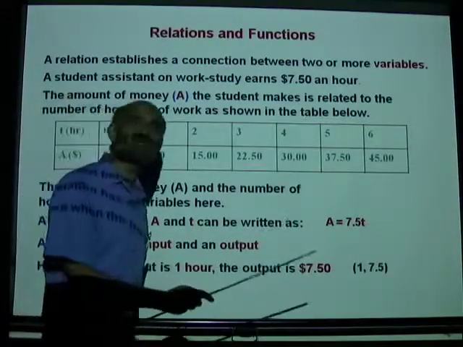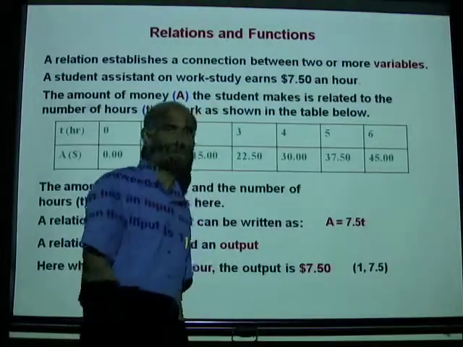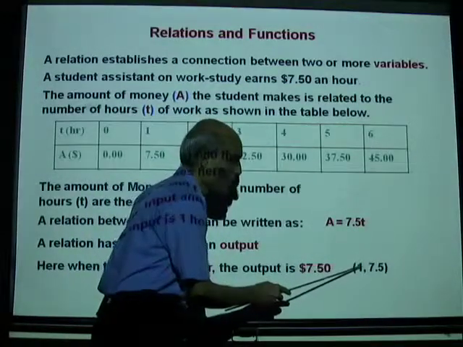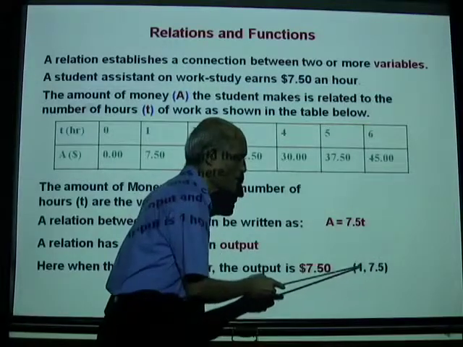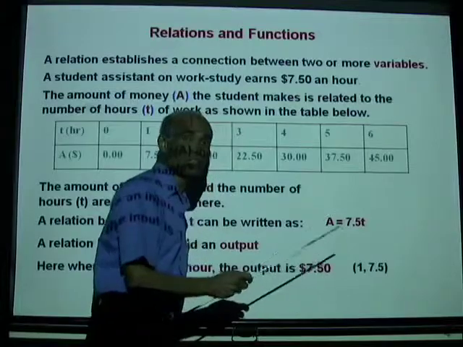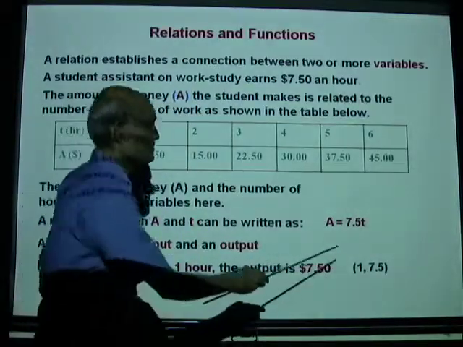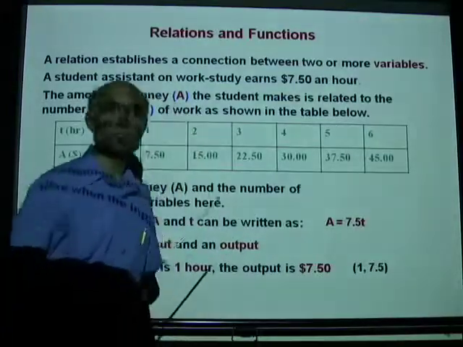Now, we will represent that as an ordered pair. Well, you understand all these. An ordered pair, 1, 7.5. Remember, the first value of the ordered pair is the input, and the second value is the output. So what does an ordered pair do?